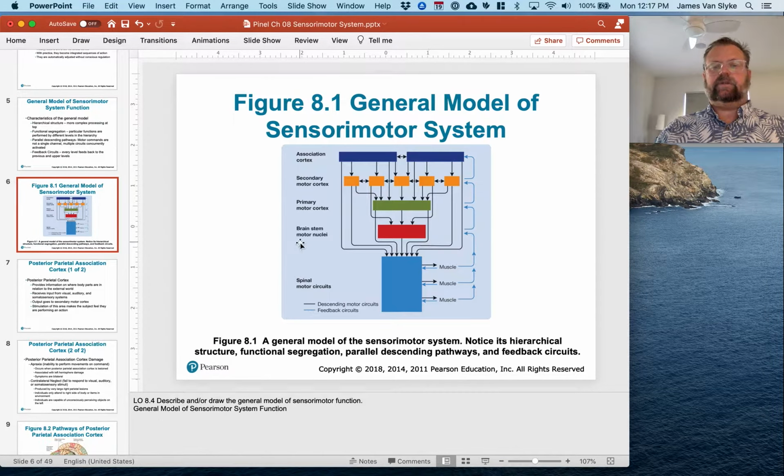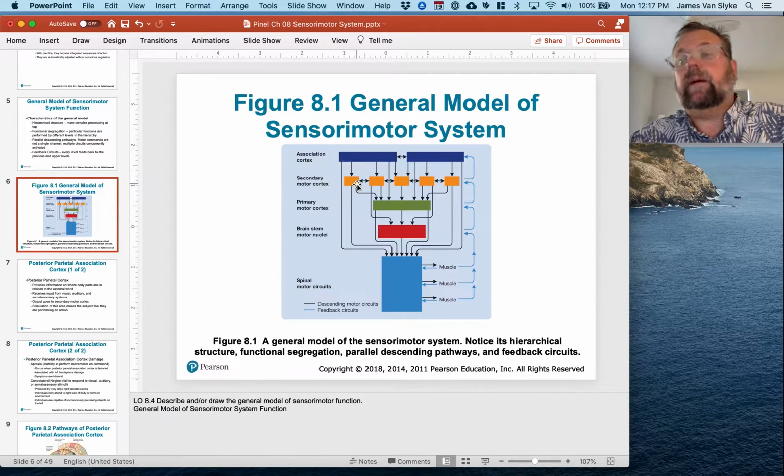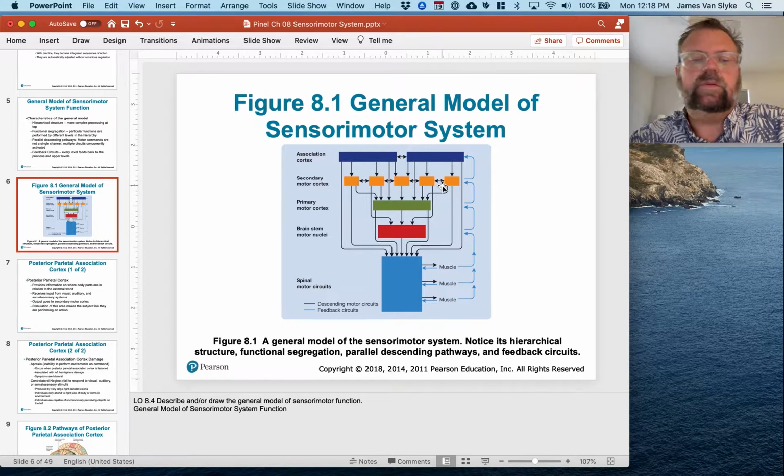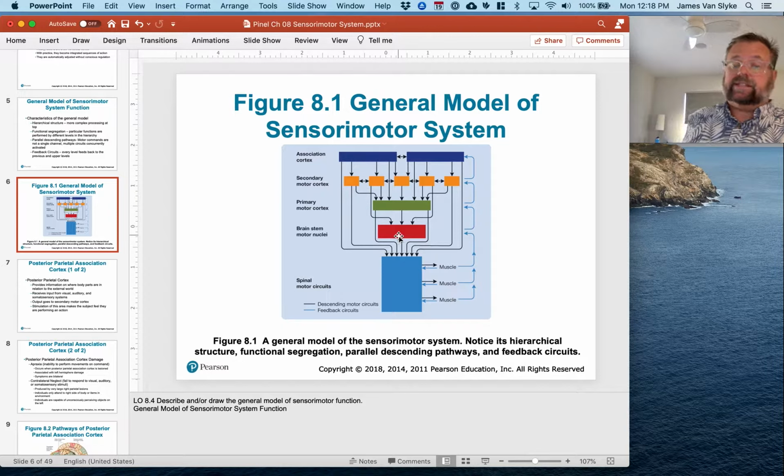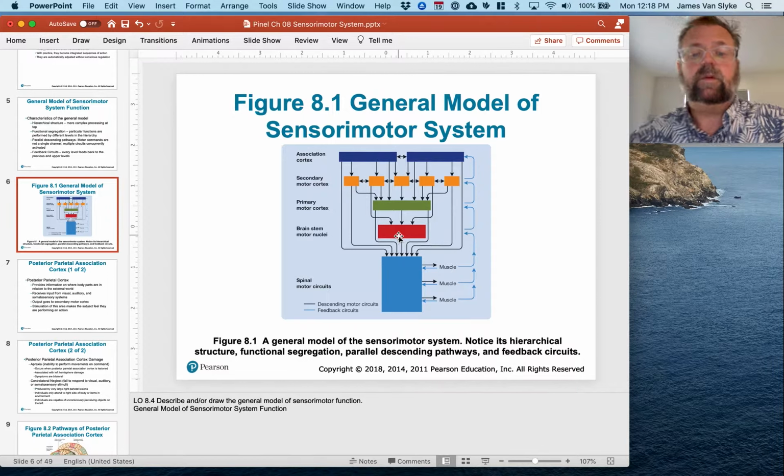So here is an illustration of that model. Here's our top level, which is the association areas of the cortex. Then the next level down would be secondary motor cortex, then primary motor cortex, on down to the brain stem and the motor nuclei within the brain stem, followed by particular muscles that we have, and then different parts of our spinal motor circuits.